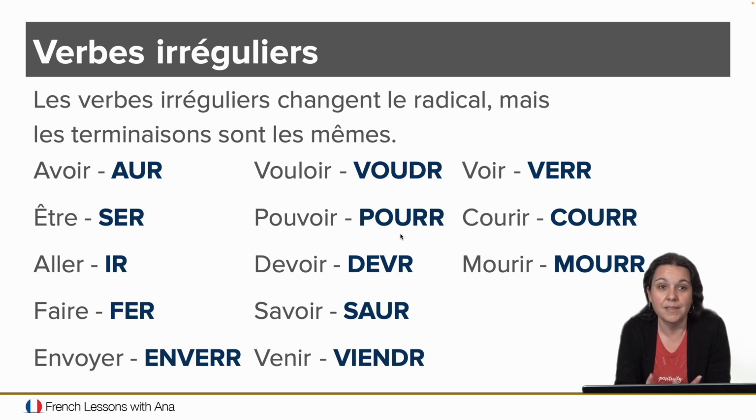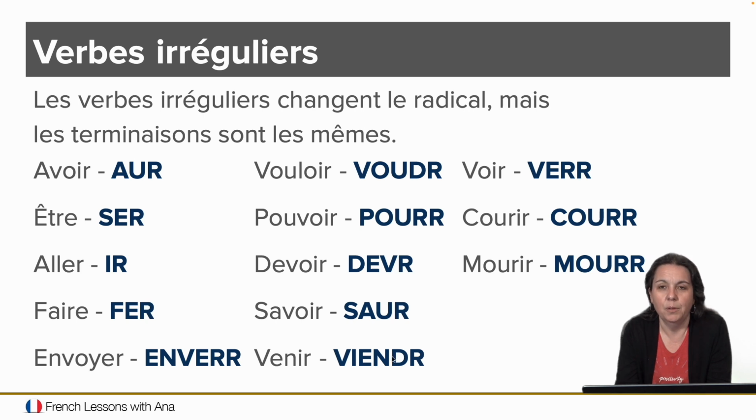P-O-U-R-R. Notice that some of them only have one R, others have a double R. Devoir, to have to, the idea of must, right? It's devr. Savoir, to know something, it's usually related to knowledge, is saur, and this one only has one R, S-A-U-R.